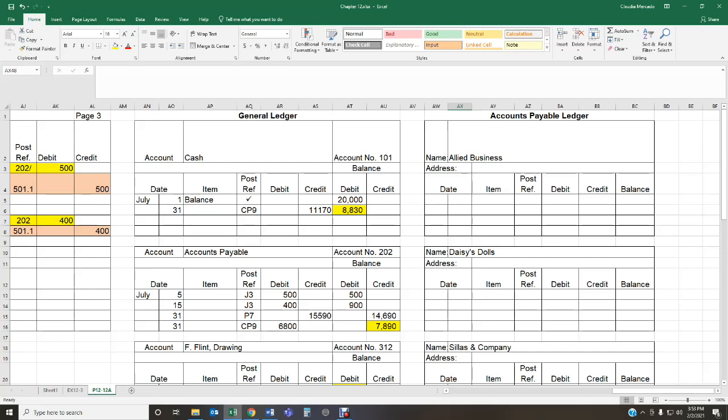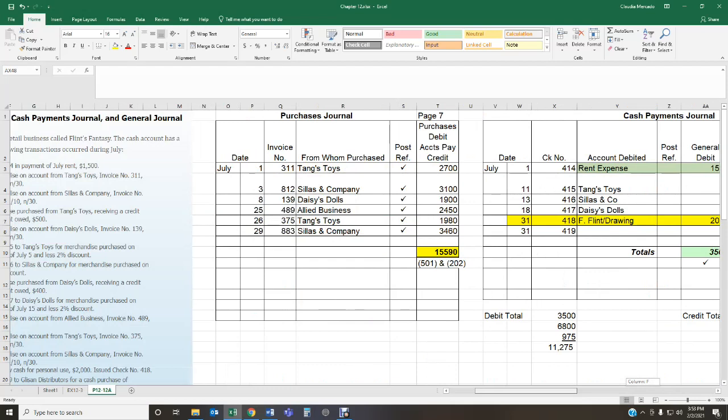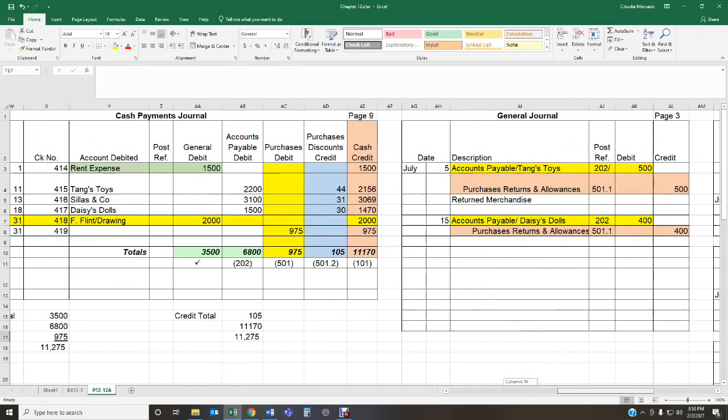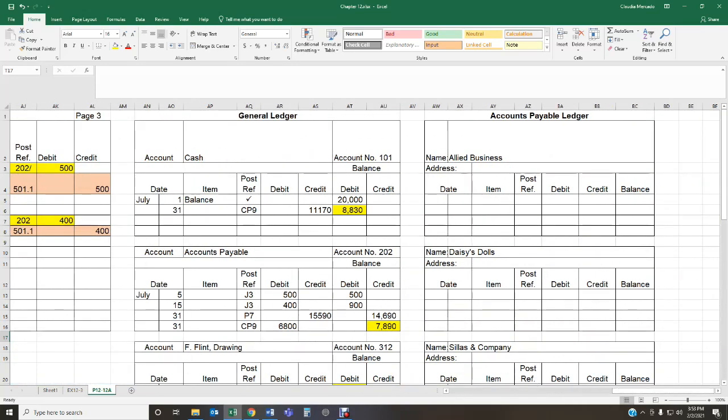So now we're going to look for all of the transactions for Allied Business. Let's look for Allied Business, and we have one transaction for Allied Business right there, 2,450. Let's bring it over here for my accounts payable.